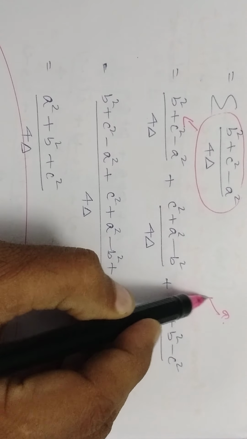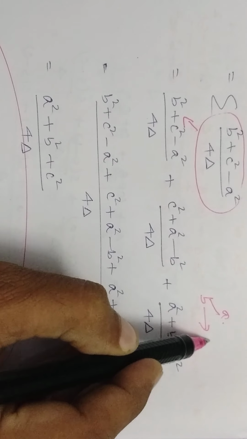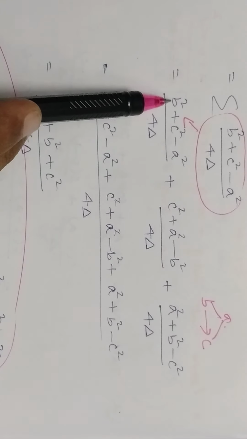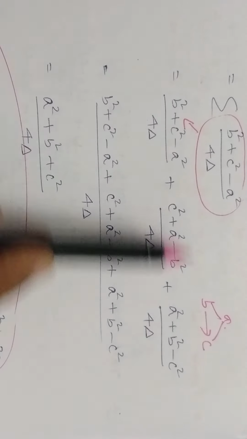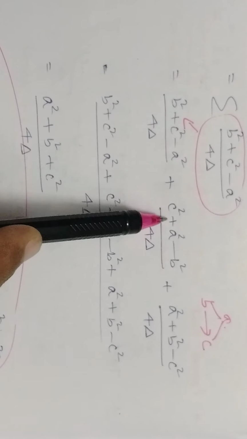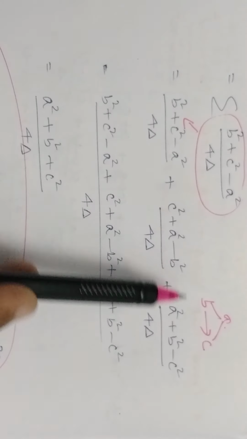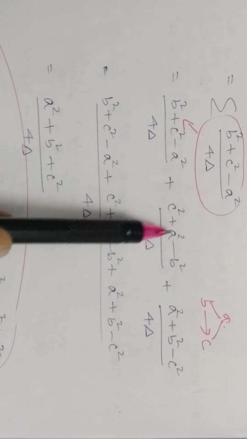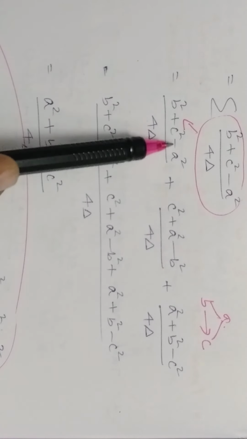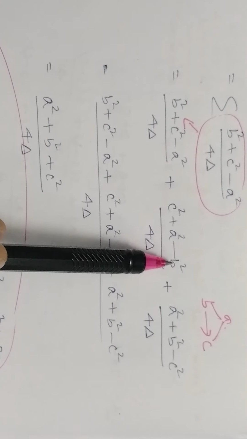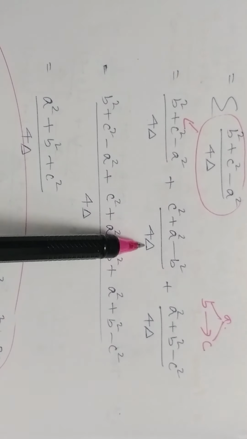A you have to write as B, in the place of B you have to write C, in the place of C you have to write A. So C square plus, in the place of C you have to write A, so A square minus, in the place of A you have to put B, so B square by 4 delta.